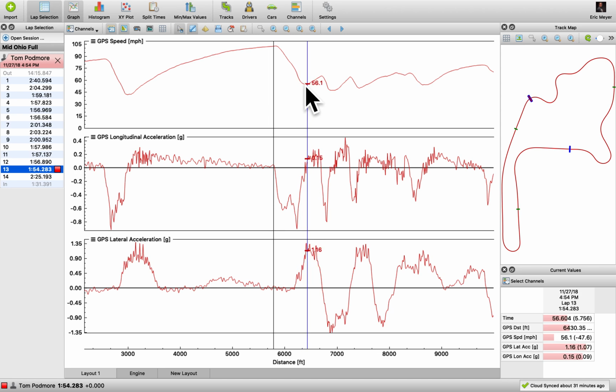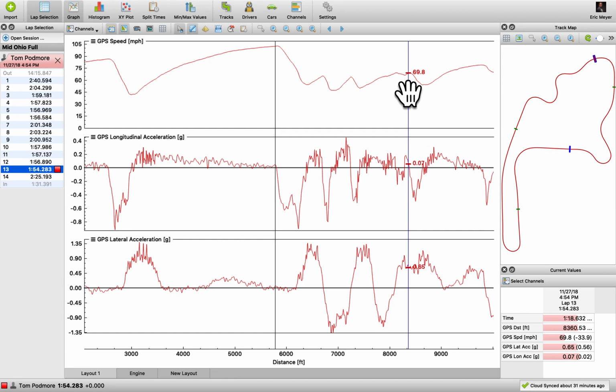So if Tom can come through here at 56.7 or 57.7 or 58.7, his lap times are going to be lower. And that's all because he's being more assertive on the brakes initially instead of kind of gentle and then getting assertive. Okay, so that's one data point I would look at for a new person.